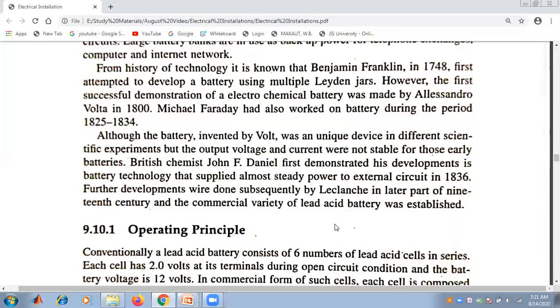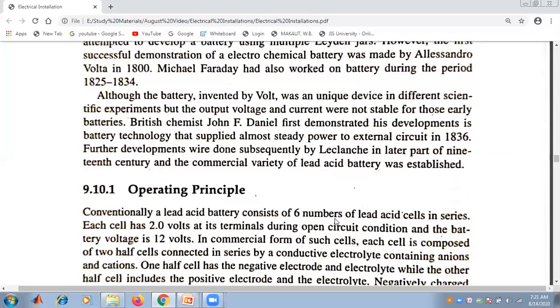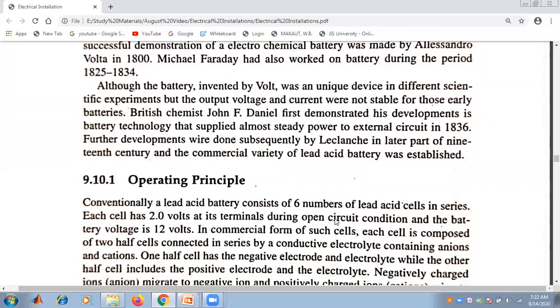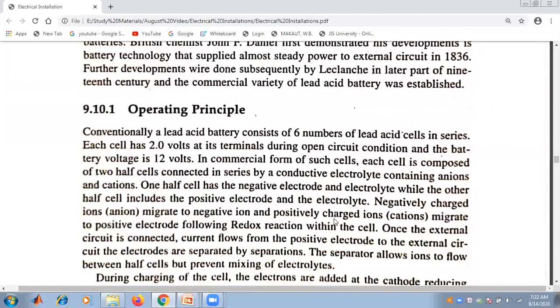So now we will come to the operating principle of the battery. Conventionally, a lead acid battery is what we call a conventional battery.